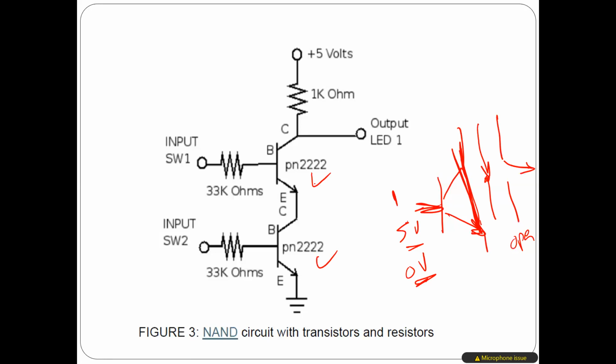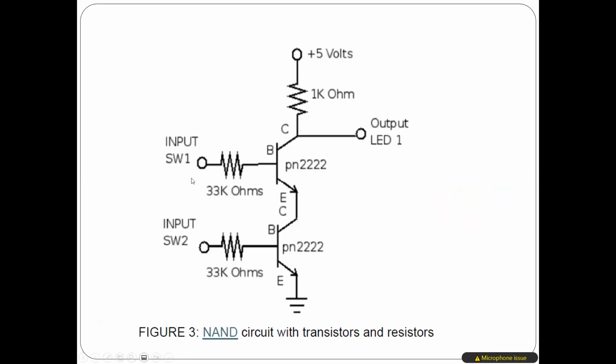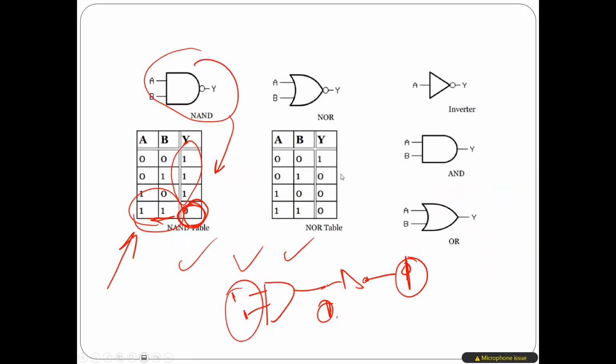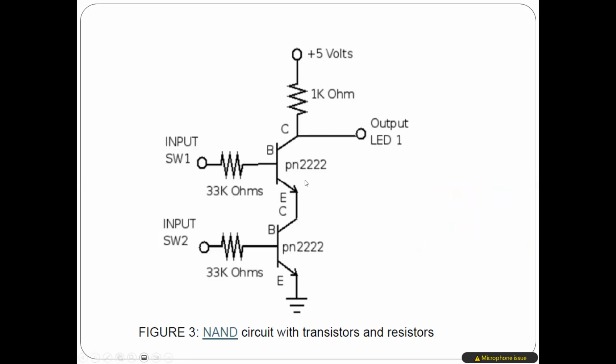Again, I'm not expecting you to understand it, but at least for the purpose of this course, the main idea here is that this small circuit can actually do the NAND. I just want to link the electronics with digital systems. So this circuit here actually is doing NAND. I'm going to tell you how. Very simple.